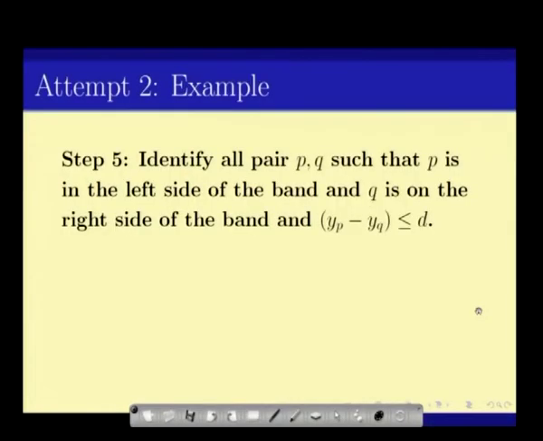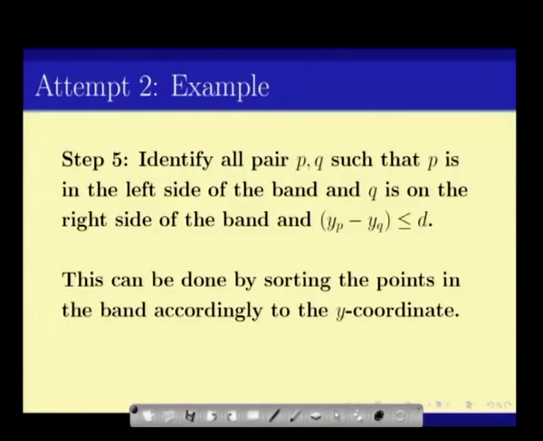So, the next step is to identify all the pairs p q such that p is on the left hand side of the band and q is on the right hand side, and the y axis difference is less than d. This is a bit of a relaxation of the fact that the distance is less than d.